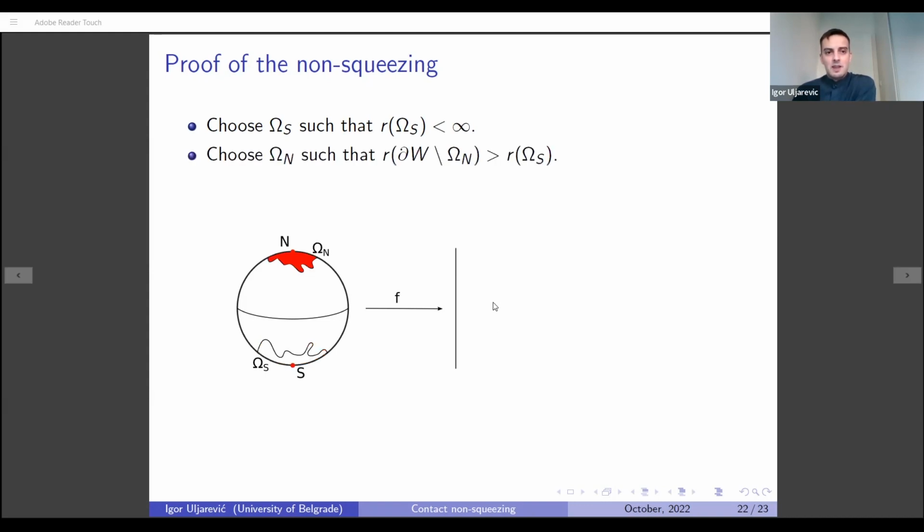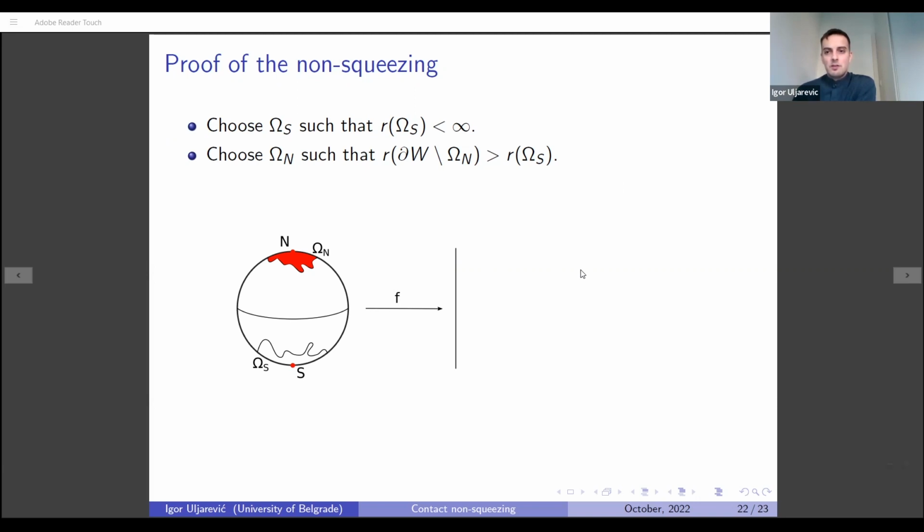Then I'll take a sufficiently small Darboux chart centered at N, and I will choose this Darboux chart so small that the rank of the complement is bigger than the rank of omega S. I can do that because of the theorem on the previous slide, which says that I can make the rank of the complement as big as I wish.